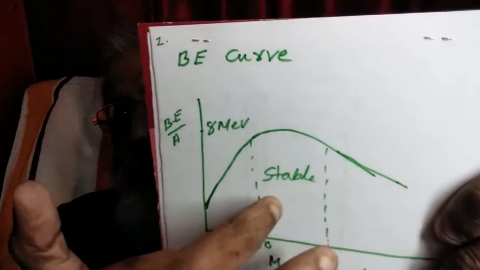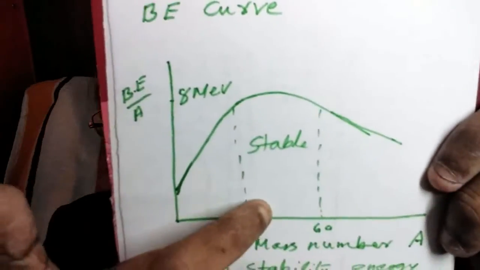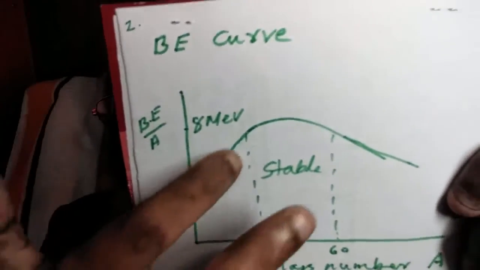So heavy nuclei show a tendency to split apart, to undergo the fission process, to achieve stability by coming into this range. So this is the implication of this graph. So fusion and fission, these two processes are the law of nature by which stability is achieved. Thank you.